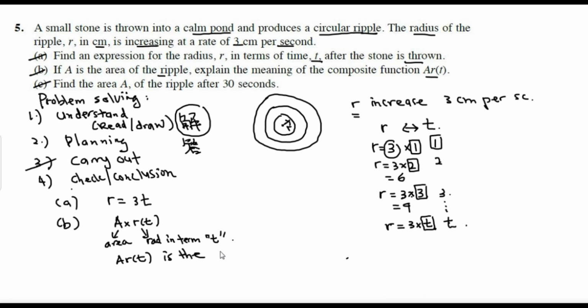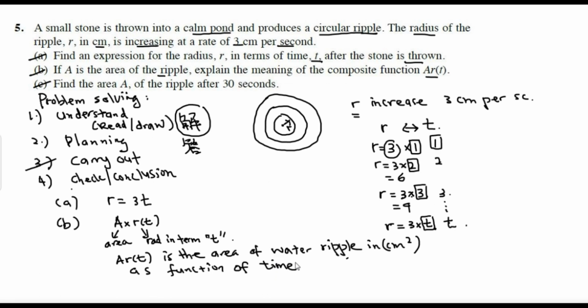So we explain in a sentence: A(r(t)) is the area of the water ripple in cm squared as a function of time t in seconds.